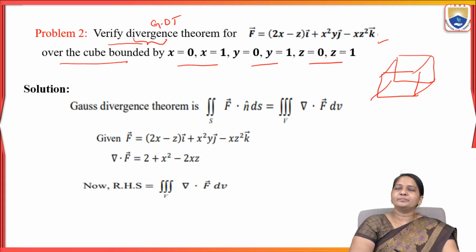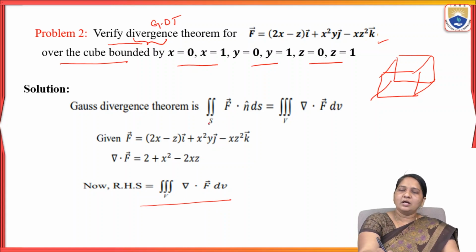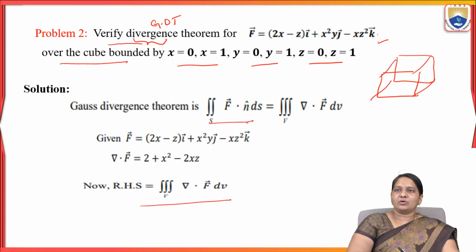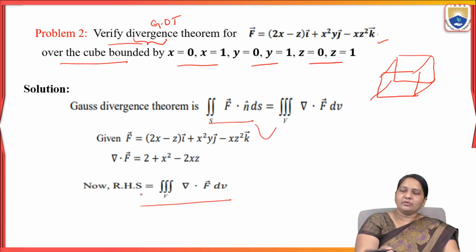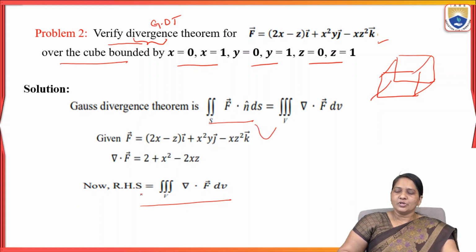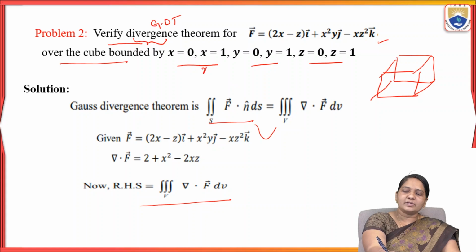Here also we can see the same model. We have to calculate the RHS part, that is del dot F, and we have to calculate the double integral of F dot n ds also. If both are equal, then we can say it is verified. In the previous problem we had x equal to 0 to a, y equal to 0 to b, and z equal to 0 to c.